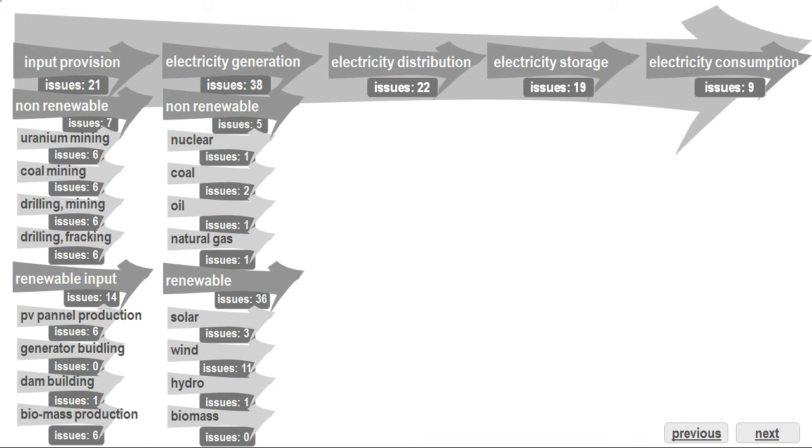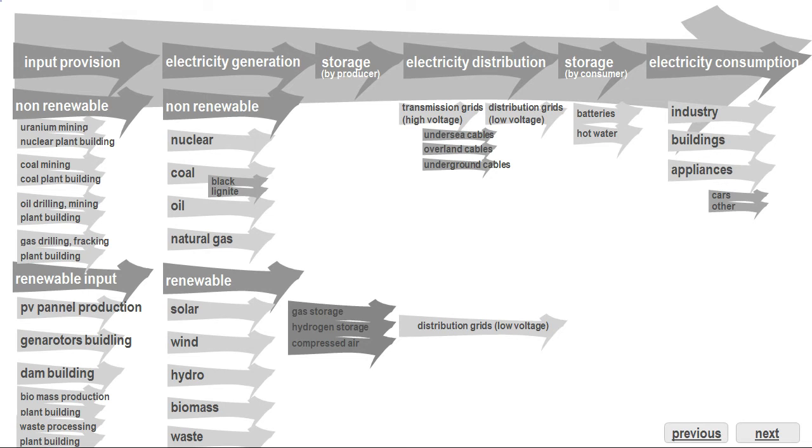So non-renewable electricity generation would split into nuclear, coal, oil, or natural gas, renewable electricity generation into solar, wind, hydro and biomass. As this slide illustrates, one can get into more and more detail as required. However, mapping the energy supply chain is not the subject of this presentation, it only illustrates the framework.